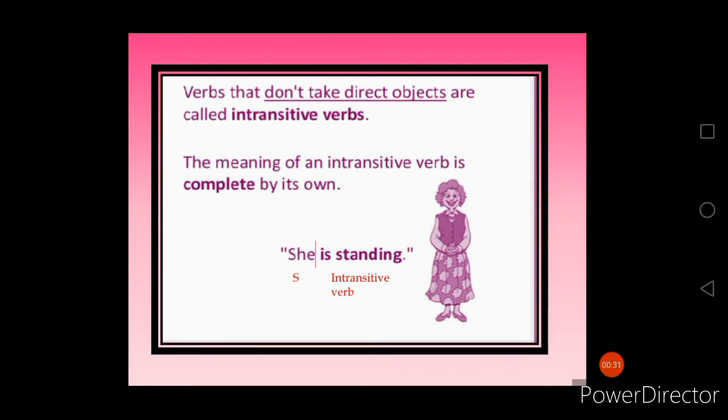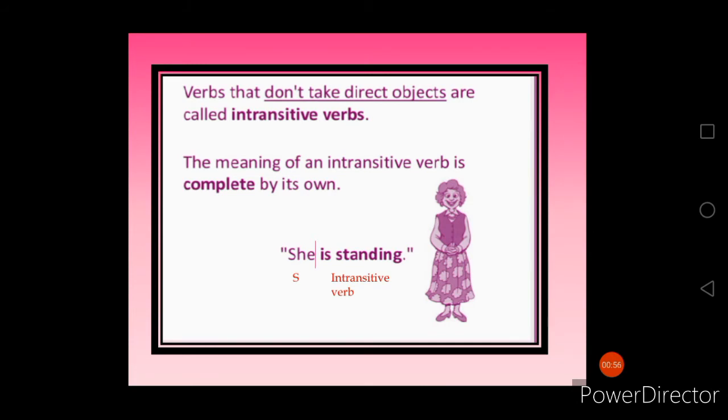Okay students, and also the meaning of an intransitive verb is complete by its own. But in transitive verbs, what I told you, the meaning of the transitive verb is incomplete without the direct object, right? But here the meaning of the intransitive verb is complete without having any object in a sentence.